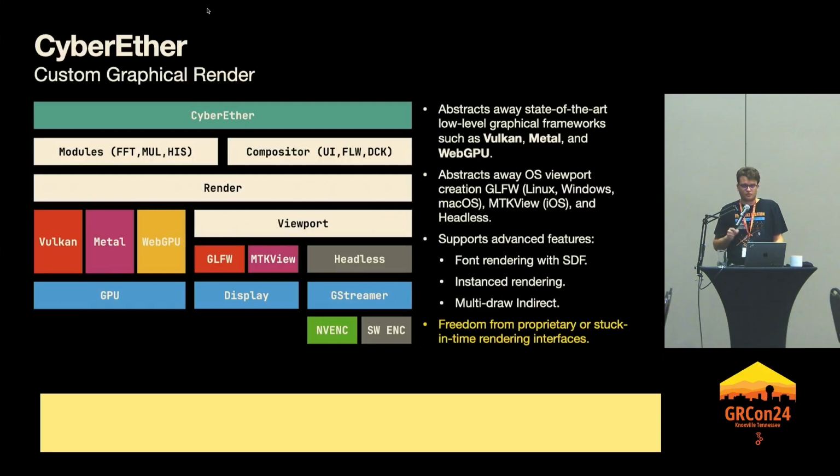GLFW does some work to make this as cross-platform as possible, so that's why we use that for Linux, Windows, and macOS. But for something like iOS, you also need to use another thing called MTKView, so you can show the frame buffer on screen on an iOS or iPadOS platform.